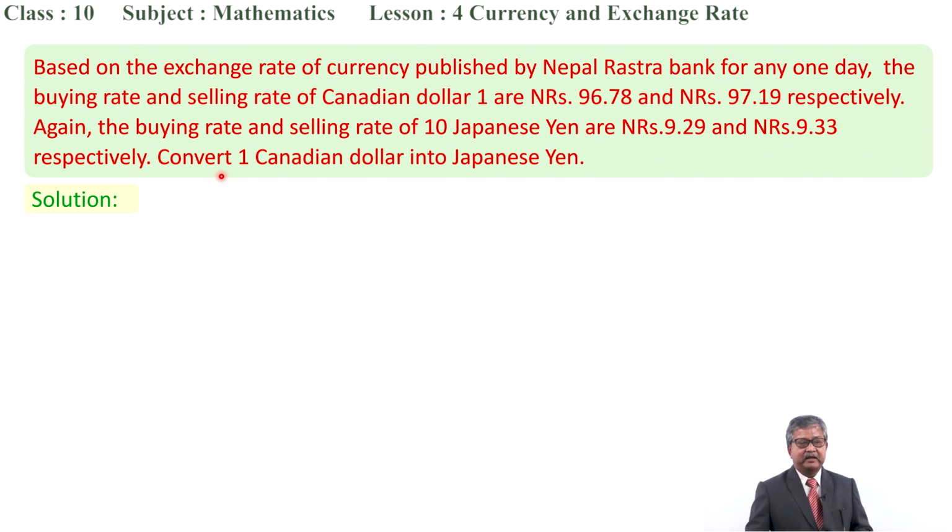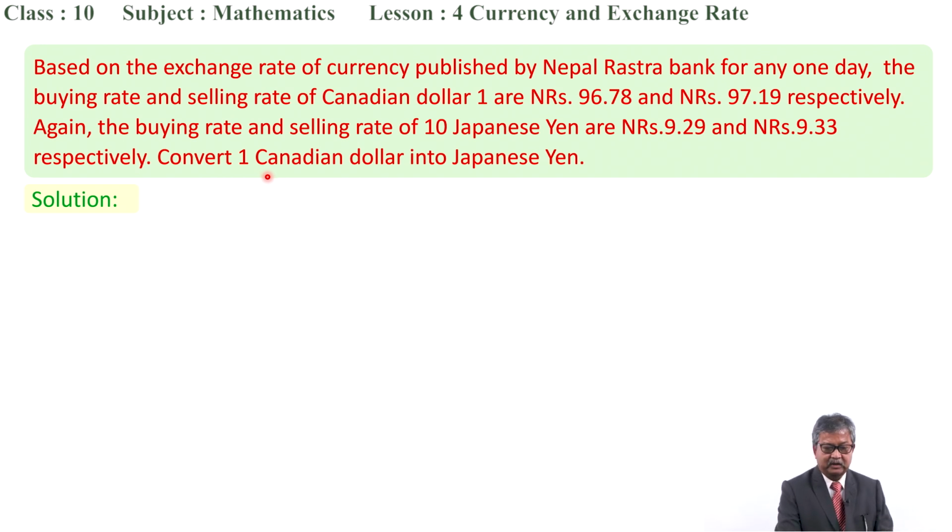So in that case, what will we do now? How do we convert 1 Canadian dollar into how many Japanese yen? First of all, we convert the 1 Canadian dollar into Nepalese rupees. So we give the Canadian dollar to the bank and the bank gives us Nepalese rupees. That means the bank uses which rate, selling rate or buying rate?